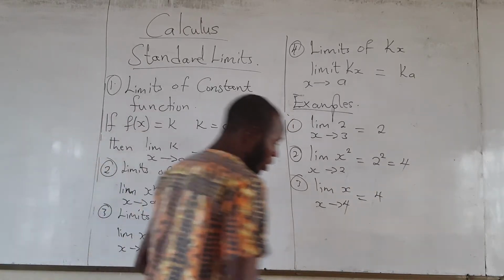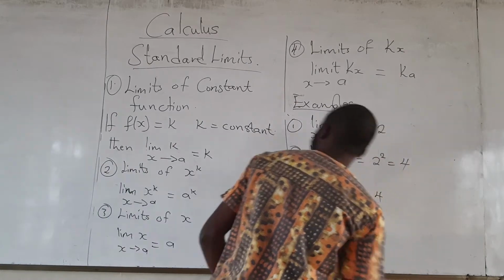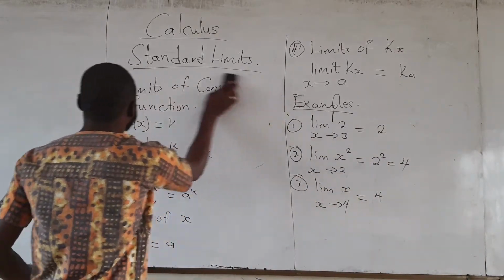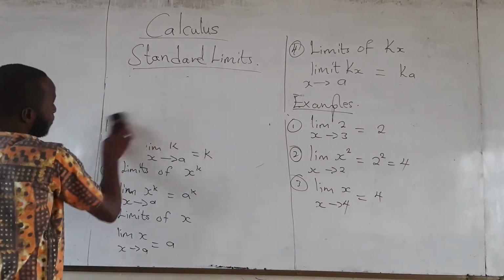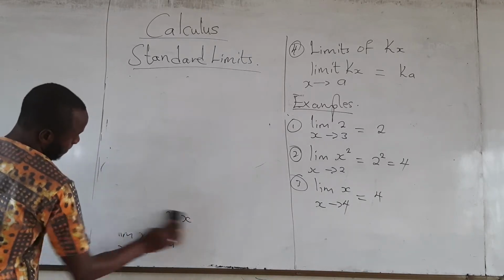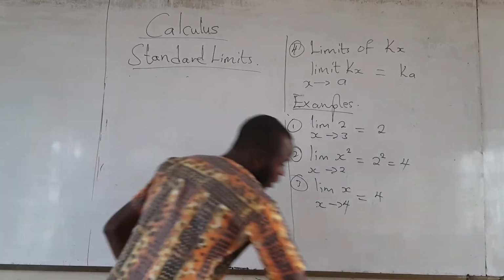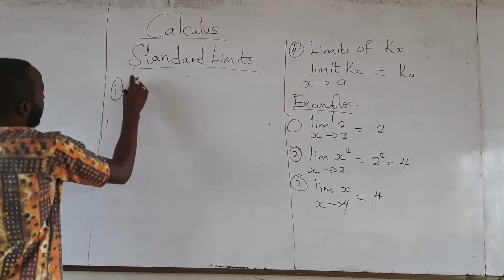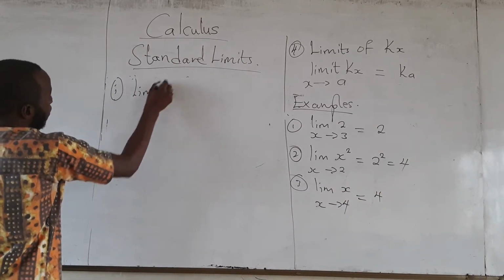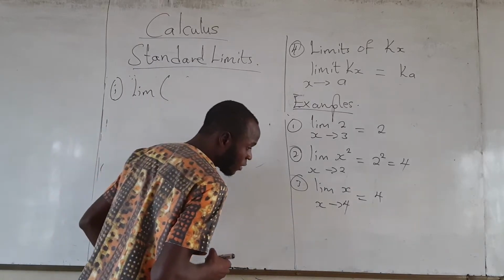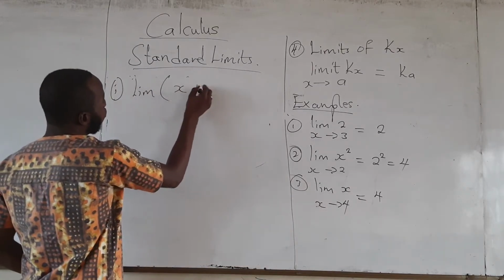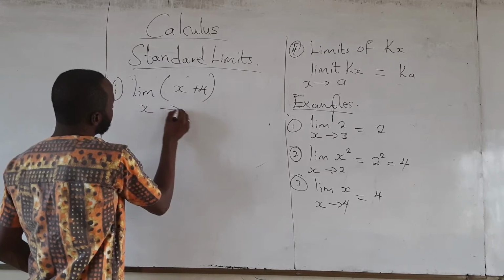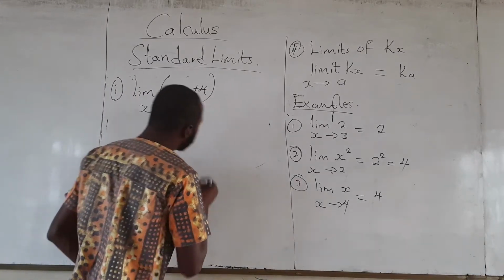So now we are going to look at one or two examples which will help us to understand these limits. The first example: the limit of the function x plus 4 as x approaches 2.